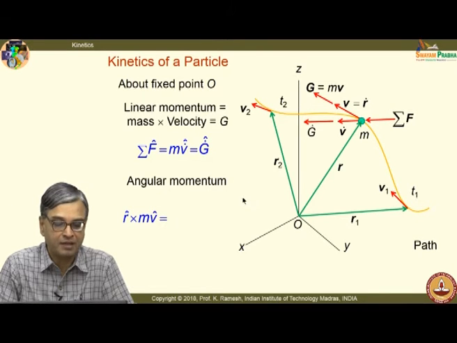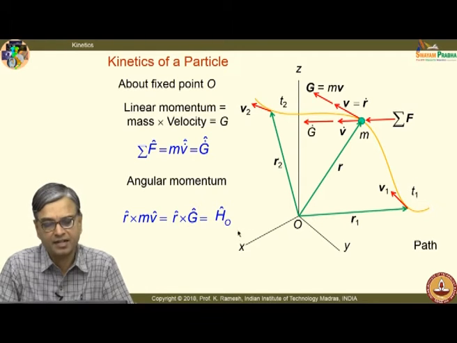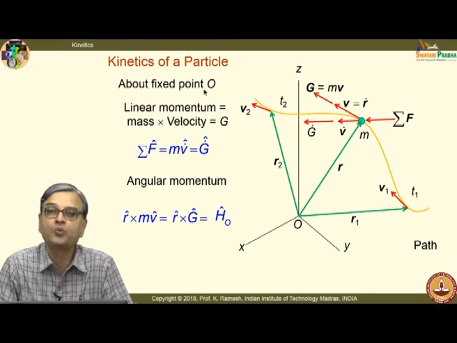And I have r cross mv, given as r cross G. I get this as angular momentum. These are all standard symbols, capital H O. O depicts about which point I have put this angular momentum.